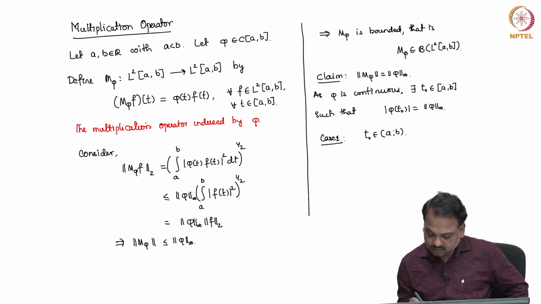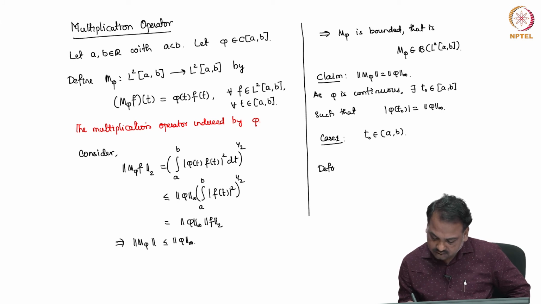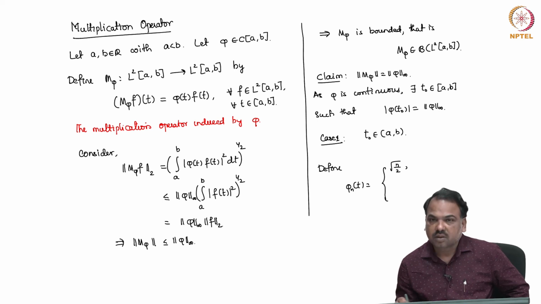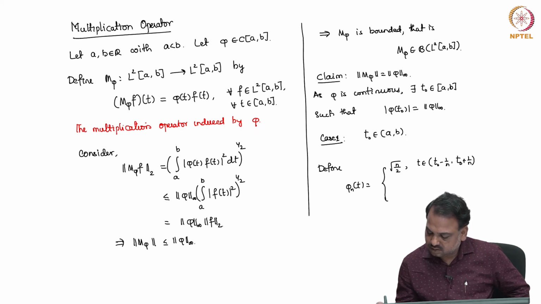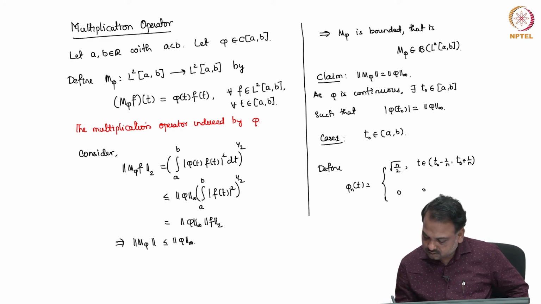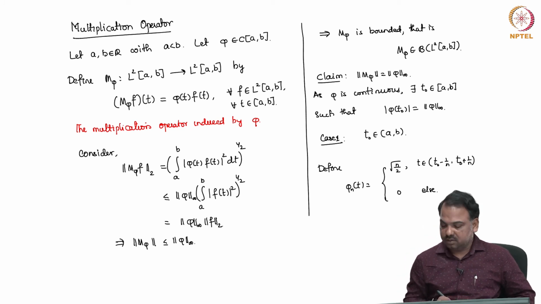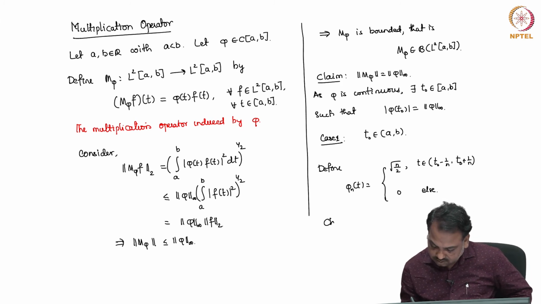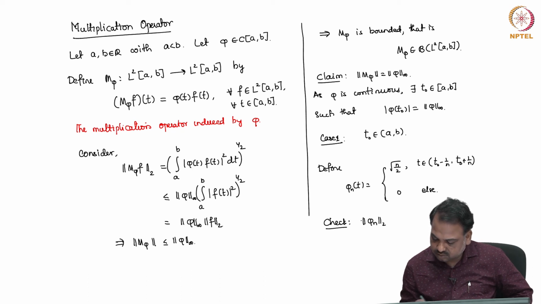Then in this case we define a sequence of functions phi n of t as follows: root n by 2 when t is in the interval t naught minus 1 by n, t naught plus 1 by n, and 0 else. Now we can easily check that the L2 norm of phi n is exactly 1 for every n.